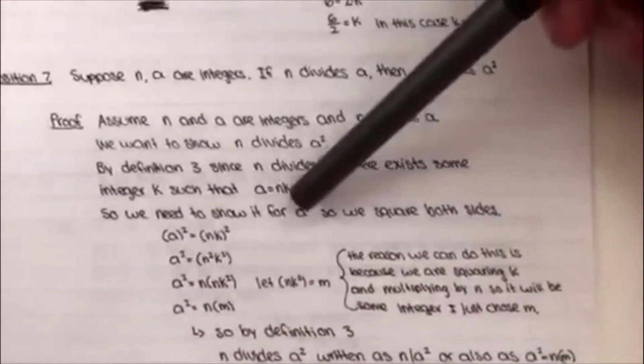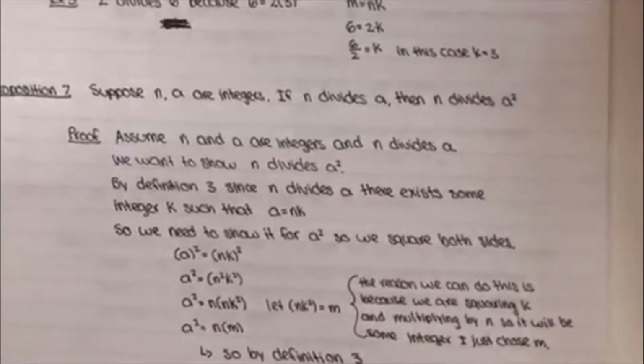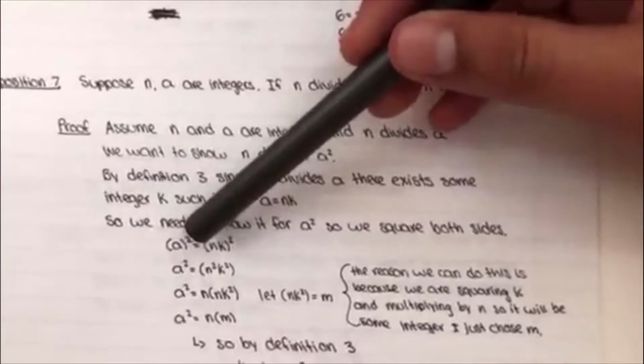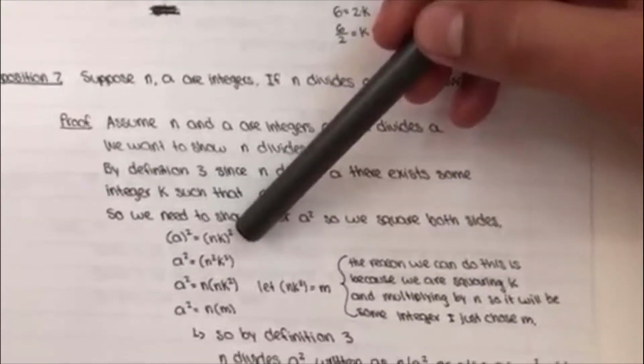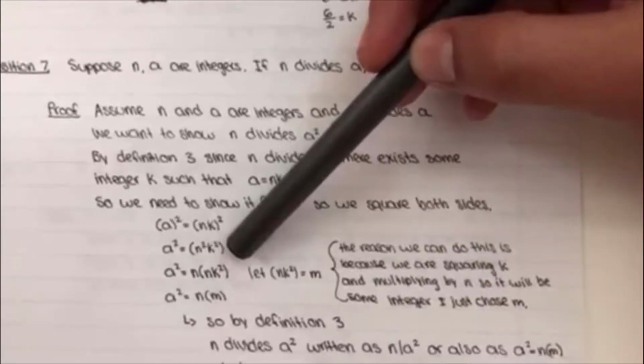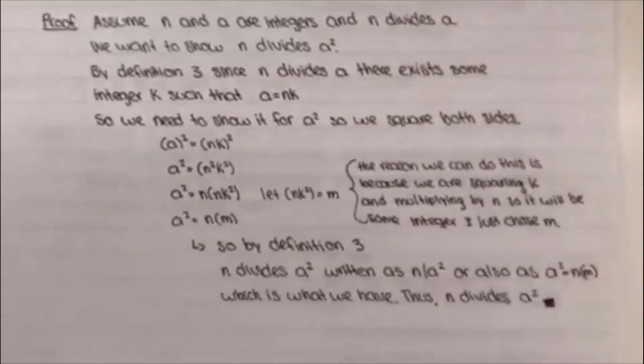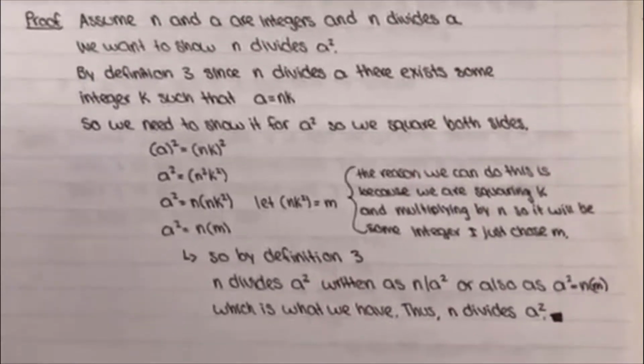So now we have this. So we need to show it for a squared. So we square both sides. So we have a squared is equal to n times k squared. Now we have n squared times k squared. And now we take out an n and have n times nk squared.